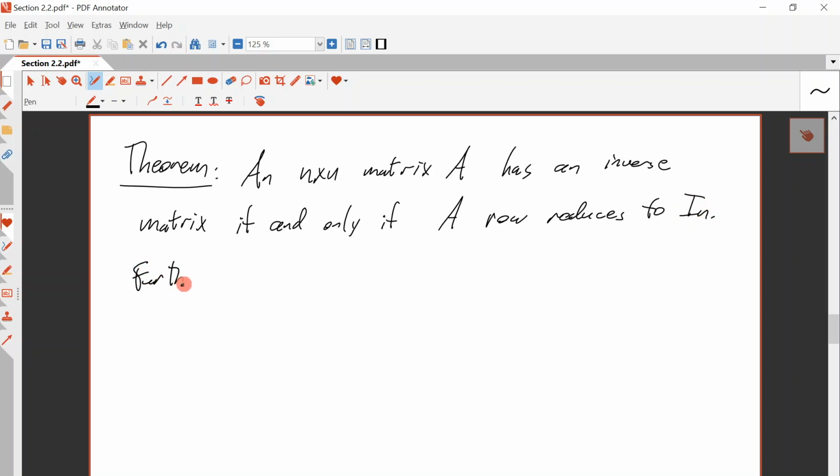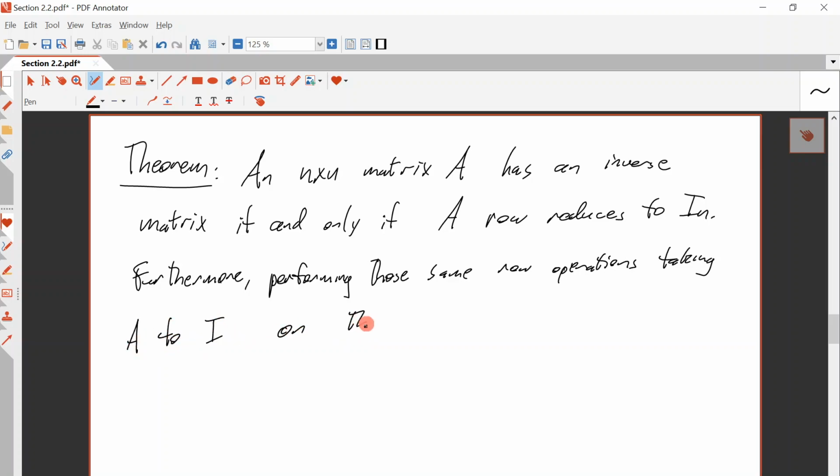Furthermore, performing those same row operations taking A to I on the matrix I will take I to A inverse. Okay? So that's the technique. But first let's prove the theorem.